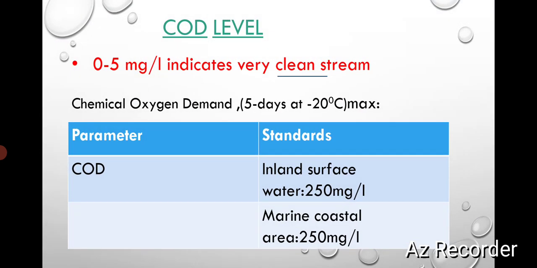COD level 0 to 5 mg per liter indicates a very clean stream. COD standards: in inland surface water 250 mg per liter, in marine coastal area 250 mg per liter.